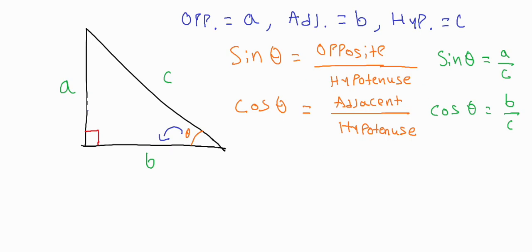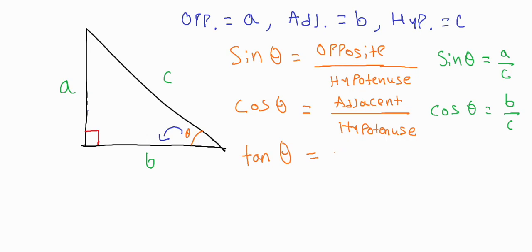Now, finally, we have tan, or tangent. What are you going to call it? People just say sine here. Some people say cos, which is cosine. Some people say tan, but the full name is tangent. Now, tan is the only one that doesn't involve our hypotenuse.